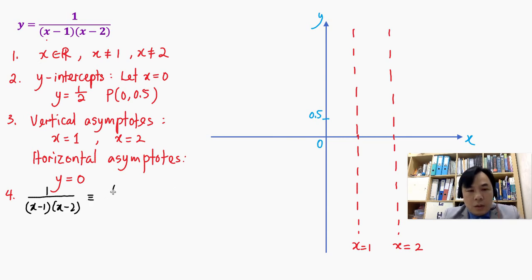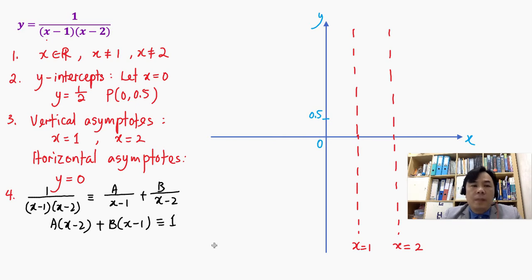Okay, so you can say that this is actually A over x minus 1, B over x minus 2 here. All right. And then by solving this, okay, you will notice that now I'm going to write it down so that you can see what is going on. Equivalence to 1. Okay. All right.